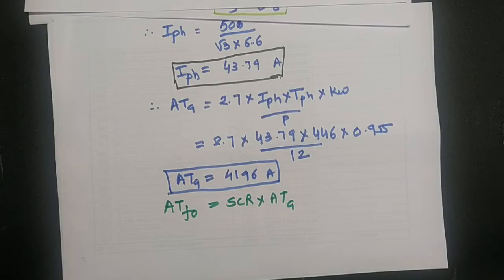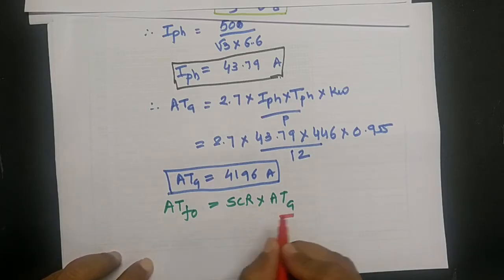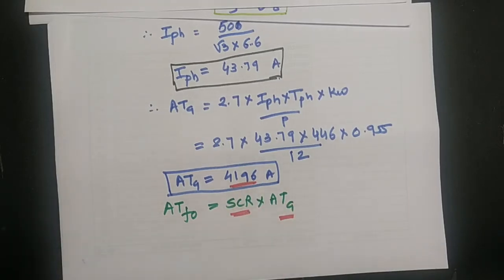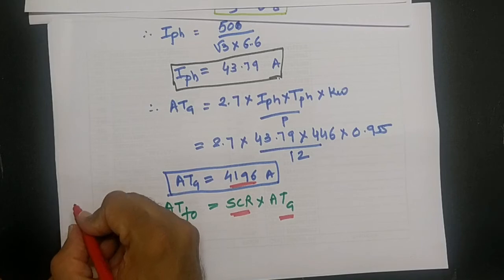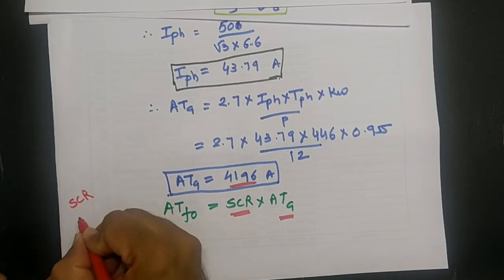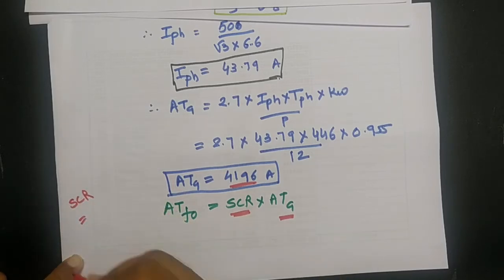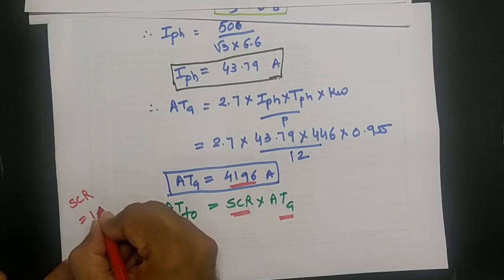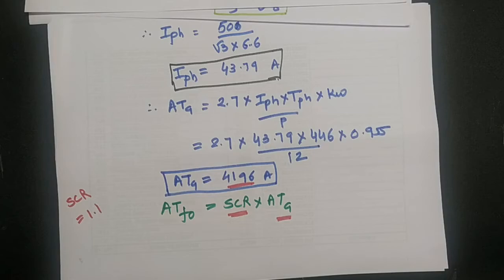Again ampere turns for the armature we have identified, and that is 4196 ampere. For SCR, that is short circuit ratio, SCR we have to assume. SCR can be assumed to be an appropriate value, and suppose we take 1.1.